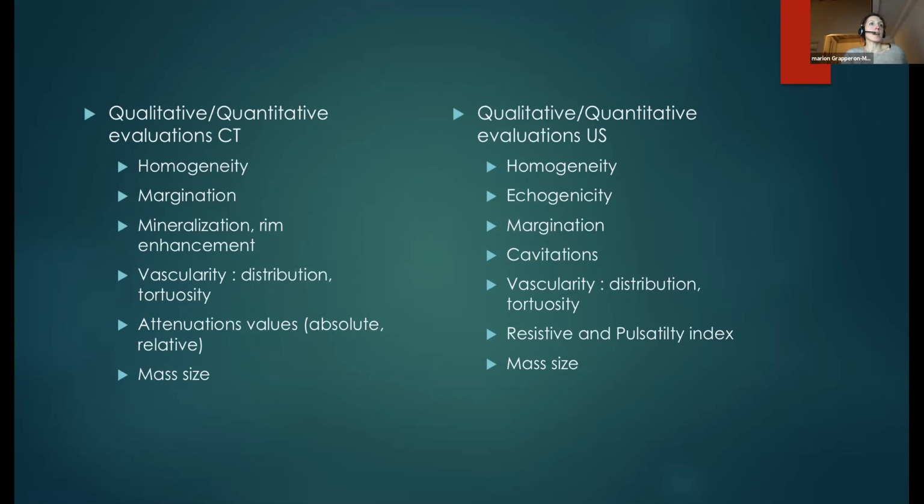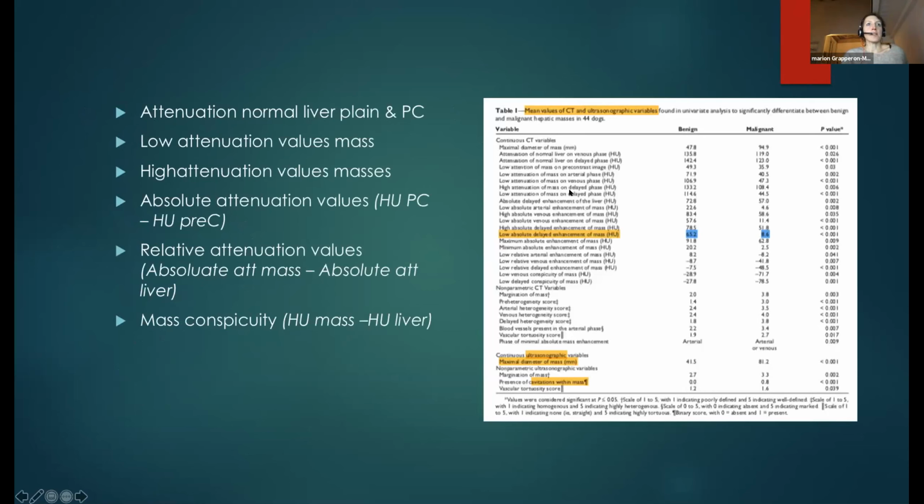So here you can see there is a huge table with many attenuation values. They measured and calculated the attenuation of the normal liver in plain and post-contrast images, and for the masses they looked at the lowest attenuation value and the highest attenuation value.